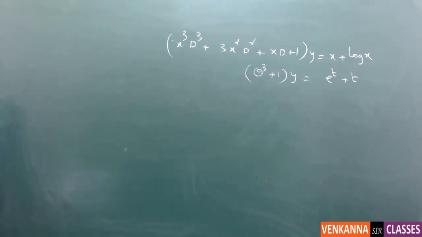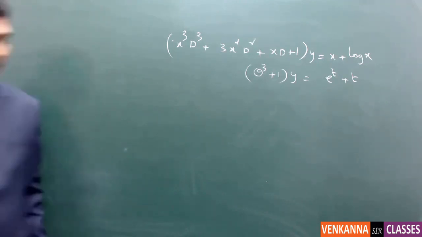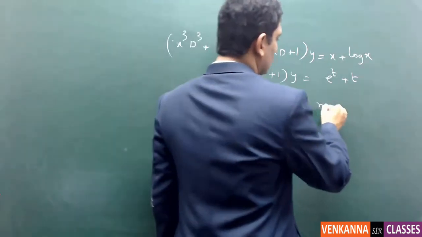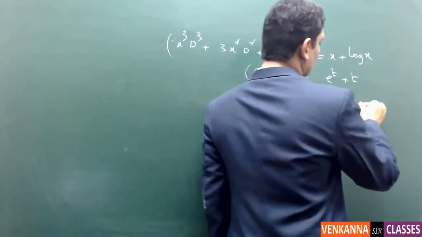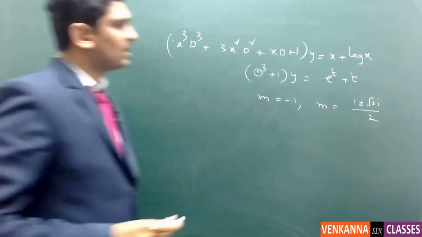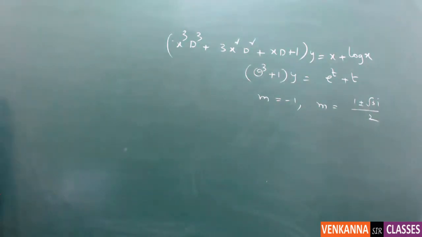Fine. So can you write the complementary function? I will write the roots: m is equal to minus 1, and m is equal to (1 plus or minus root 3 i) by 2. Please go for the roots. Fine.